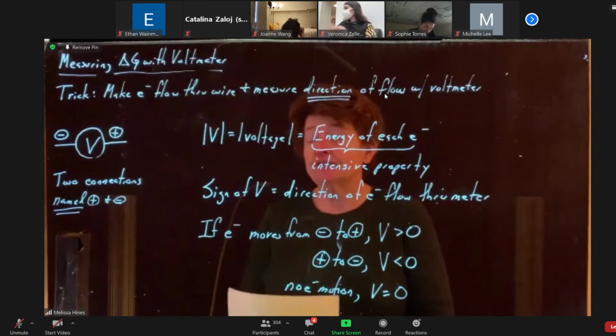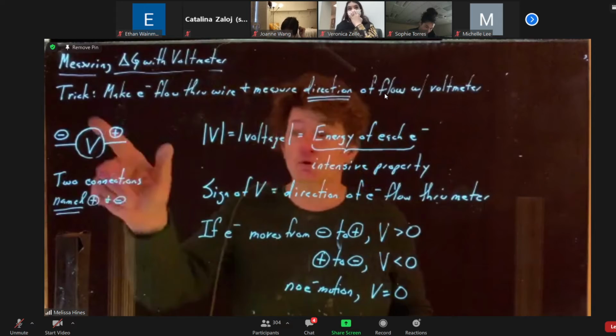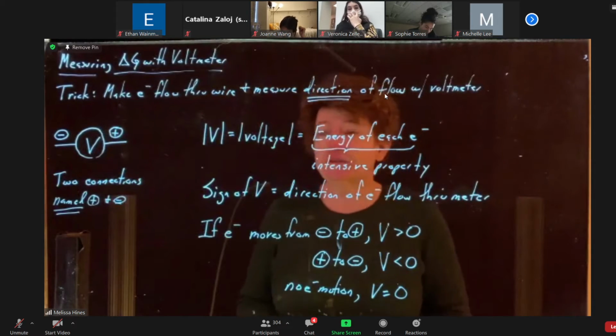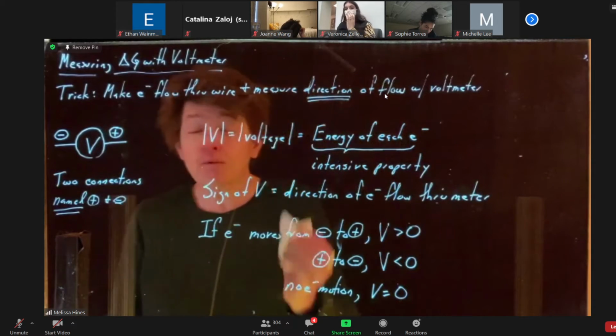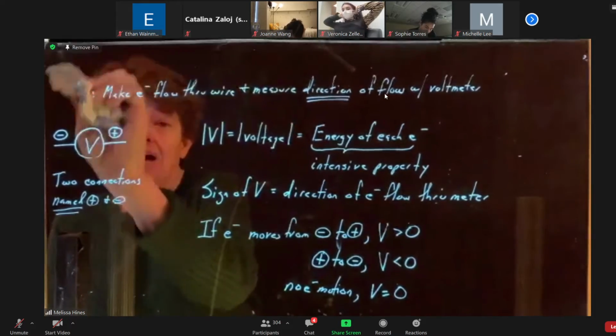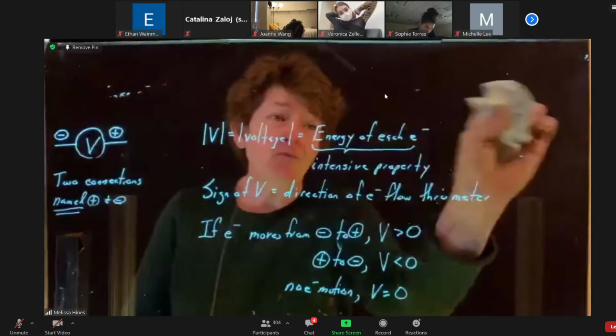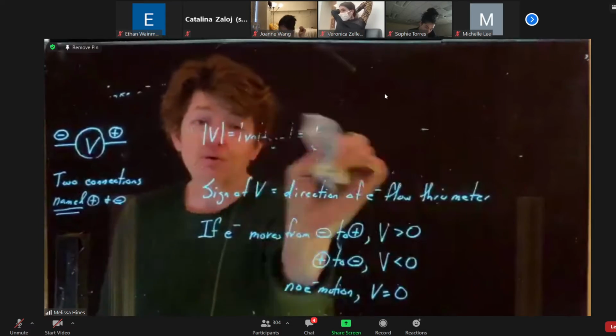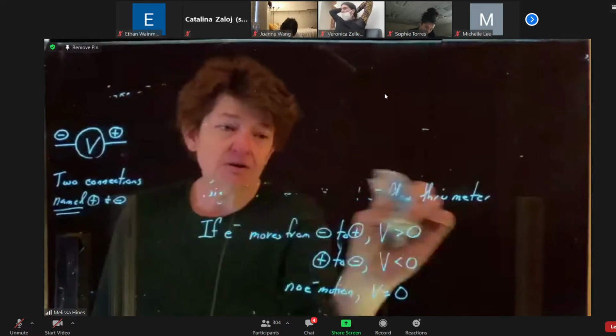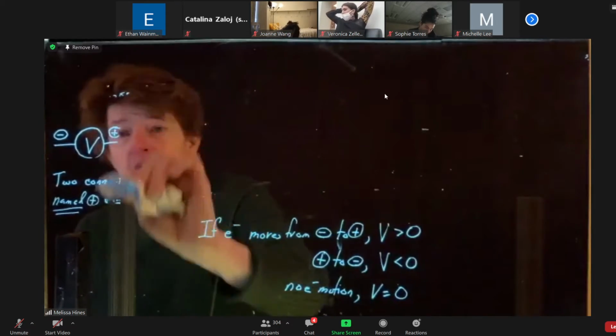But now we have to figure out how we're going to trick our electrons into flowing through our voltmeter. And so what we're going to have to do is set up our experiment in a way where the electrons have to go through the voltmeter. So let me show you how we're going to do that.